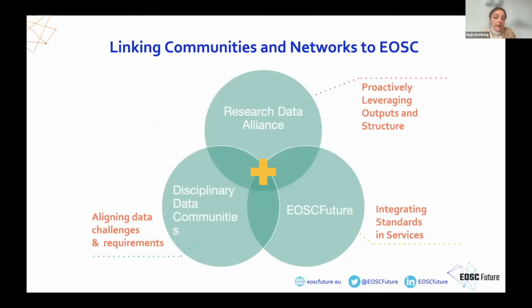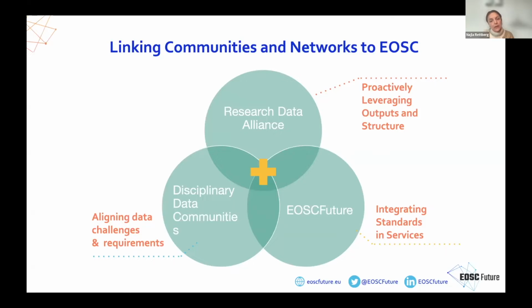The reason we are in EOSC Future is that it is one of the three areas we're working across. I've just explained that RDA comes from a diverse community and disciplinary communities, and we are bringing that into EOSC Future. We have standards and specifications in RDA.